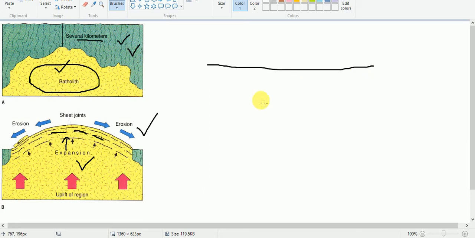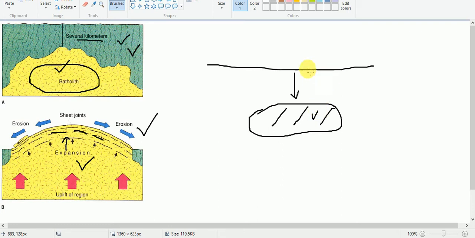Just see here, this rock was buried underground, and because of the weight of the soil material, it is compressed. When this soil material is removed and the rock is exposed on the surface because of erosion, then pressure will be released, and because of this release in pressure, there will be cracks along the surface and this portion will be broken.